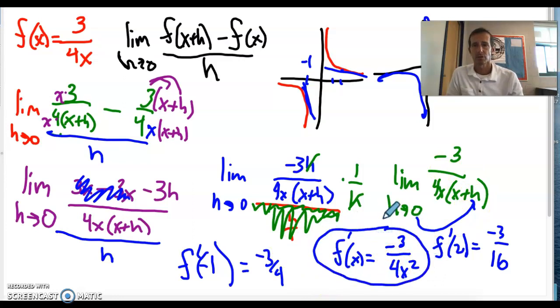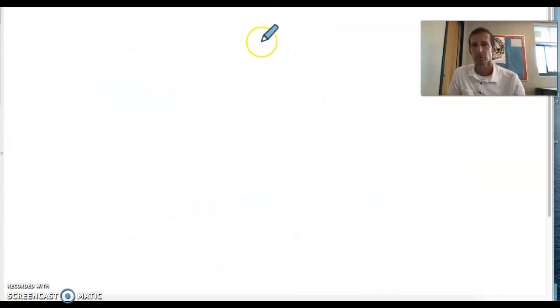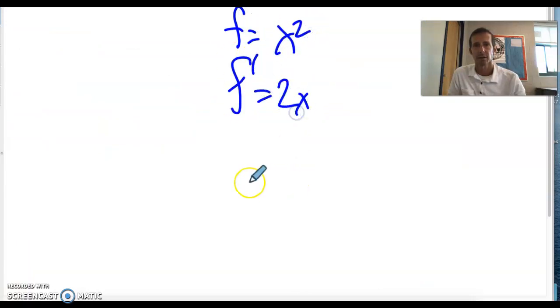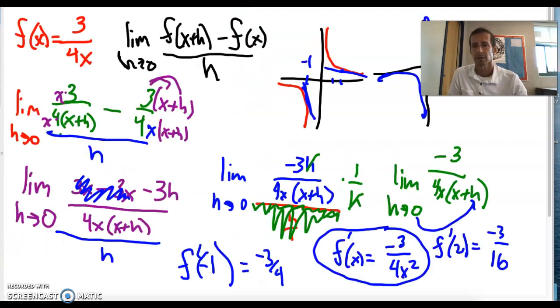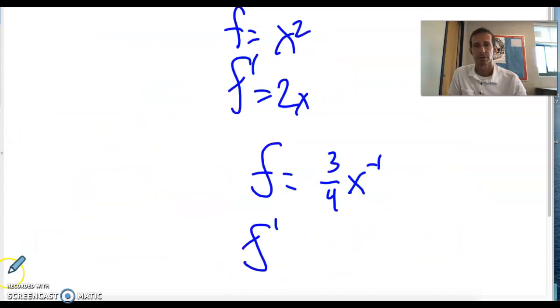The only thing I'm going to do is go to a new page. I'm just going to show you a little trick. Our original function earlier was x squared, and the derivative was 2x. This function was 3/4x, which is the same as 3/4 x to the -1, and the derivative, if we remember correctly, was -3/4x squared, which is the same as saying -3/4 x to the -2.